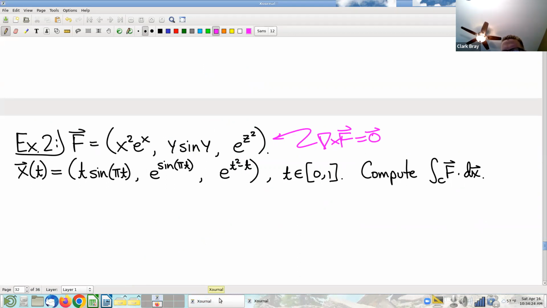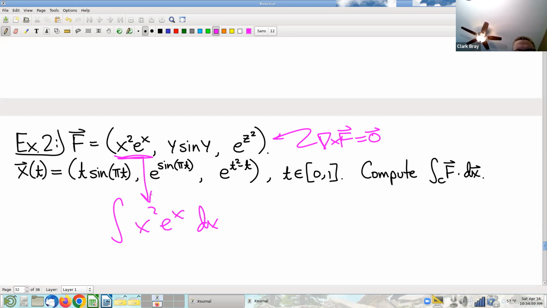Here's the thing, though. If I were to use the fundamental theorem of line integrals here, my first step would be to take the anti-gradient, in which case I would need to compute the x anti-partial of x squared e to the x.